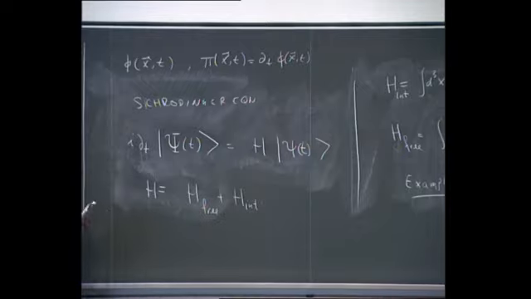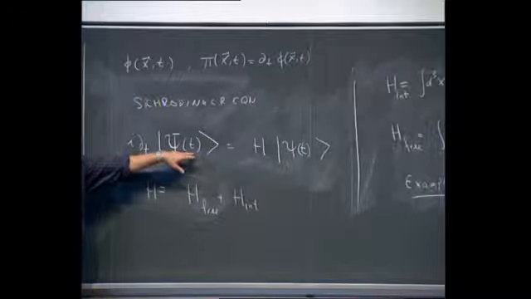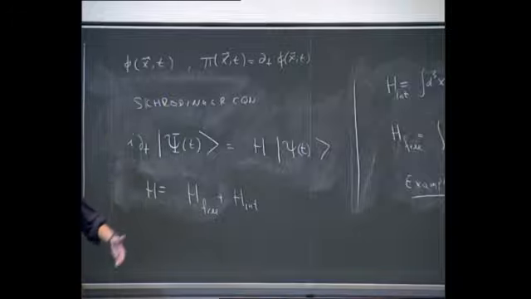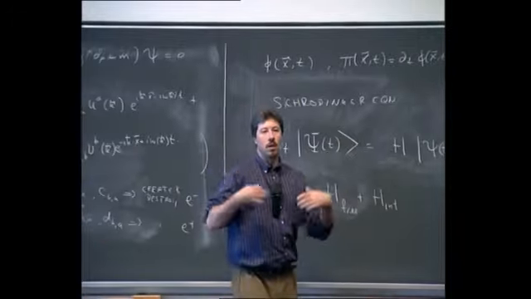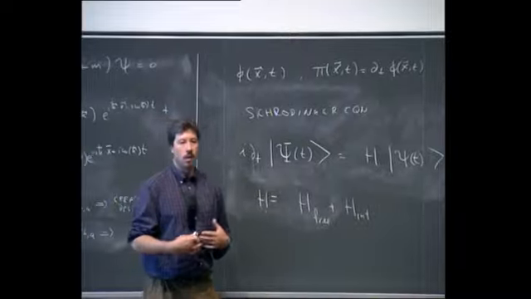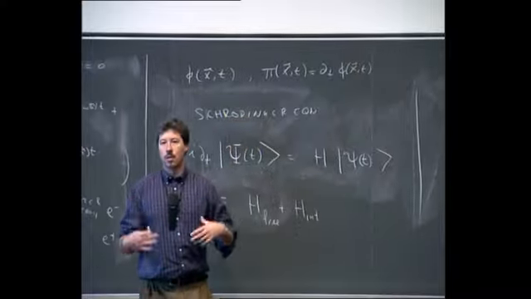Because this Hamiltonian gives you the evolution for all times t, but in an experiment we see some particles coming in, and eventually we are only interested in the situation of the particles that are coming out. We are not going to measure in any experiment something that's happening in between.